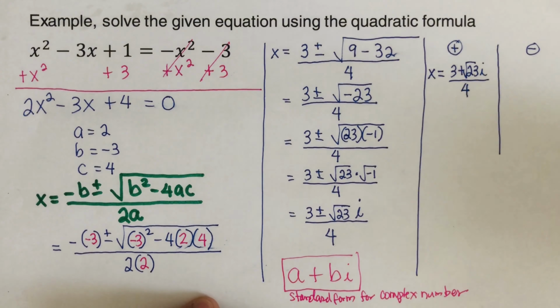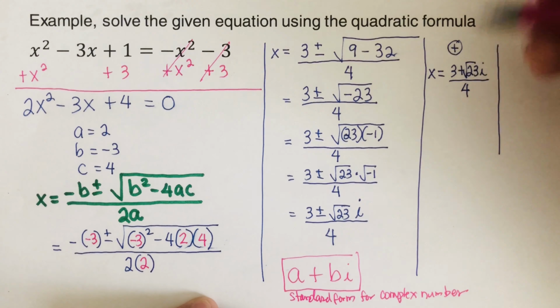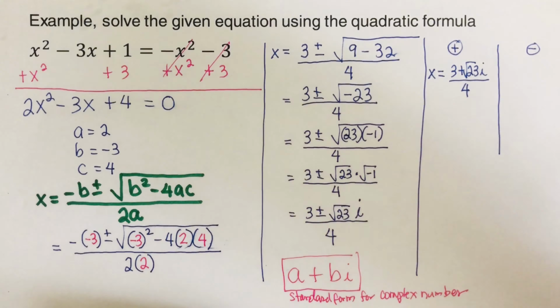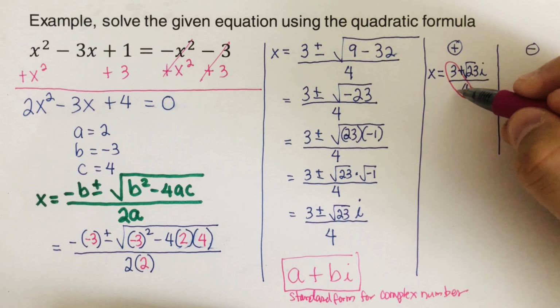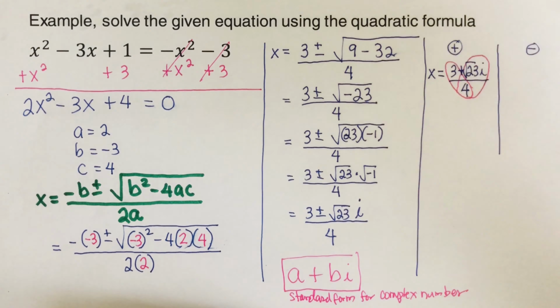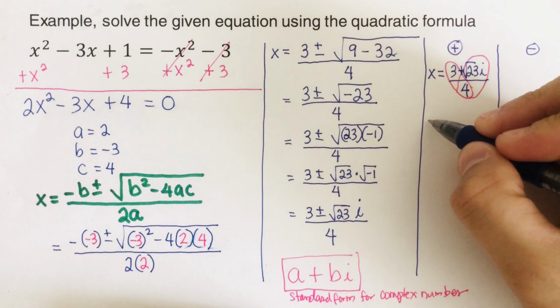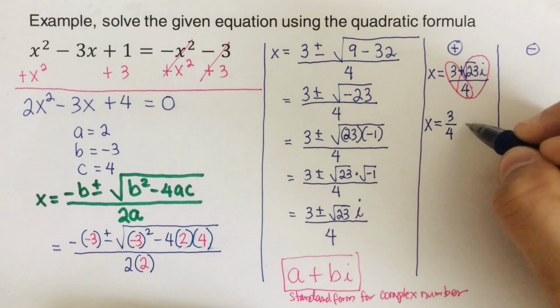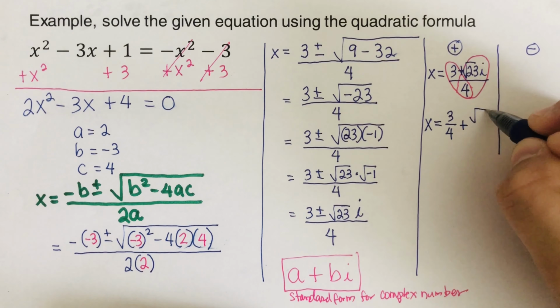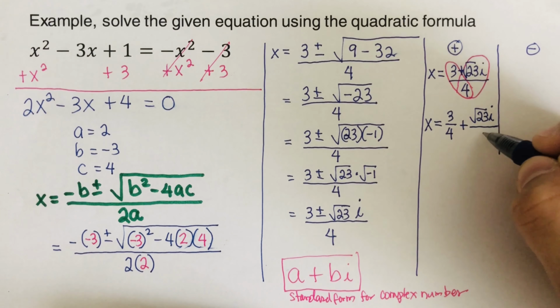So that's the first solution. Remember that because we want it in standard form, that is not in standard form. So this 3 and 4 go together, and this one would go together. So the standard form for our first solution is 3/4 plus square root of 23i over 4.